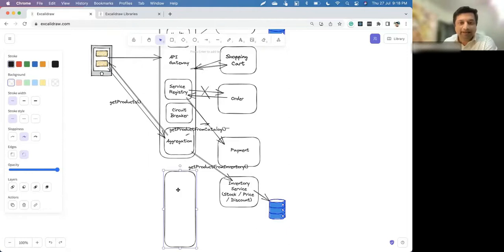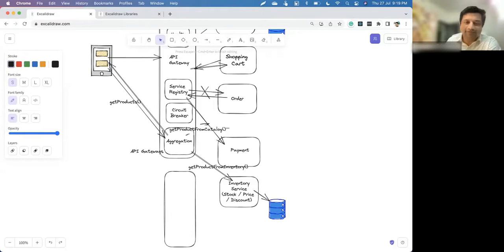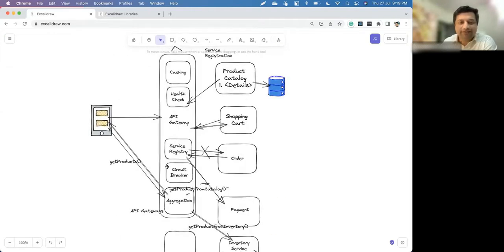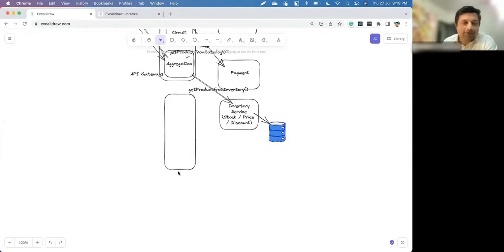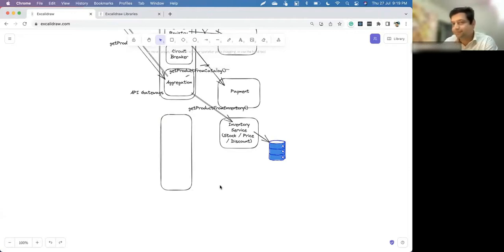Maybe you can have one API gateway for mobile clients, one API gateway for web clients, and maybe different API gateways also. You can have a cluster of API gateways as well. This way you will be able to reduce the risk of everything going down, right?